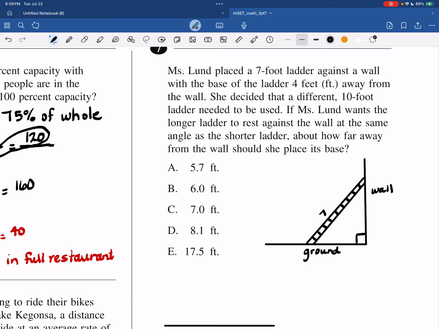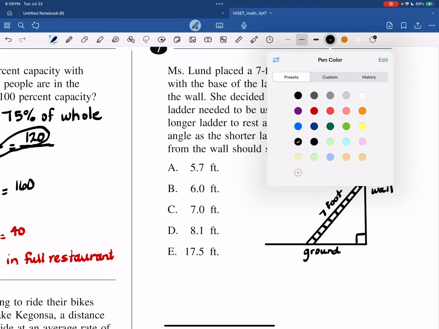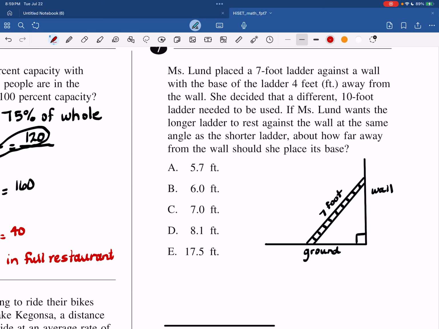This is a 7-foot ladder. And then she decides that a different ladder, a 10-foot ladder, would be better. So she wants it to rest still at this same point on the wall. It's just that the slope of the ladder is different because it's longer.